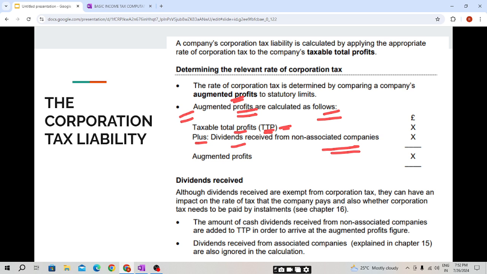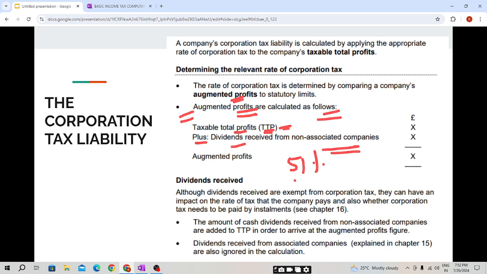But for a brief explanation, non-associated company means a company that does not have any control in any other company. If a company has a 51% stake in another company, then it will be an associated company.